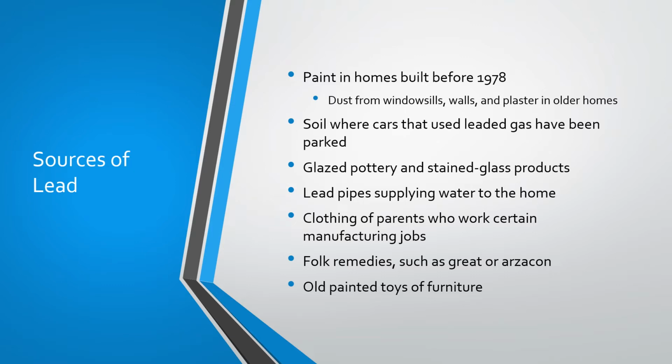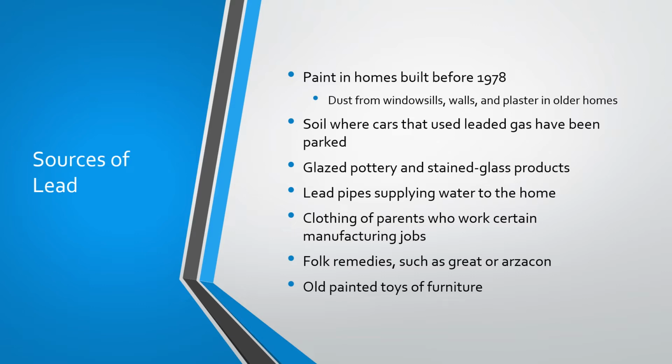Sources can include paint in those homes that were built before 1978. So most homes have been repainted since then, but we will still find a few older homes that have that lead from the dust in the windowsills, the walls, and the plaster. Soil where cars that used leaded gas have been parked is a high place for lead.